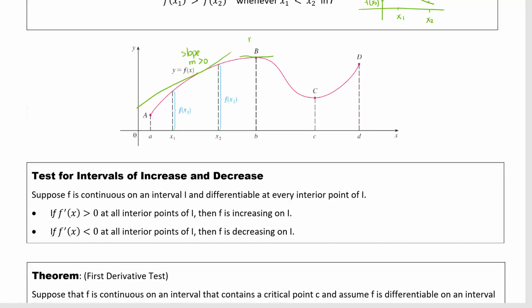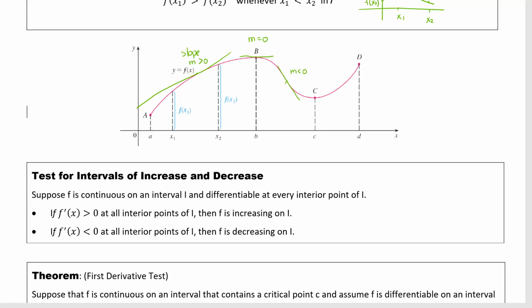Well, at B the slope is 0, and then between B and C, what happened? The slope is actually negative. So that's why when the function is increasing, the slope is positive, and if a function is decreasing, the slope is negative.